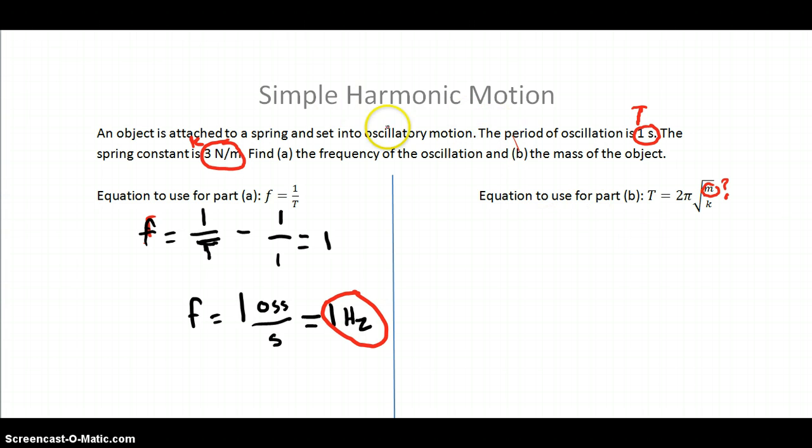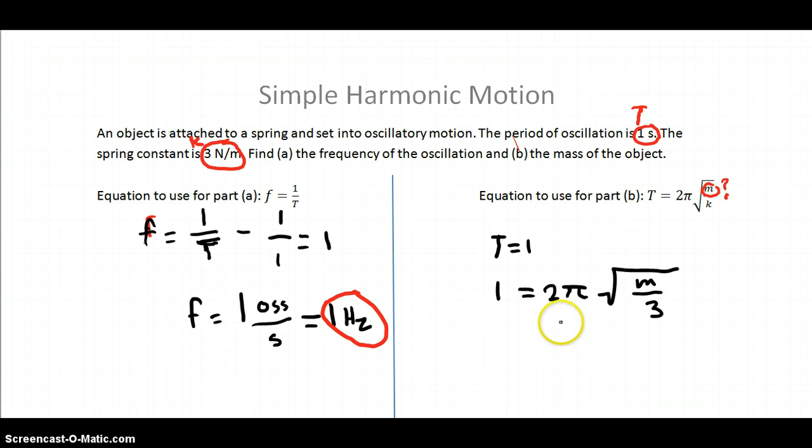Now, to solve for that, let's go ahead and begin inputting variables. The period is equal to 2 pi times the square root of the mass divided by the spring constant, which is 3.